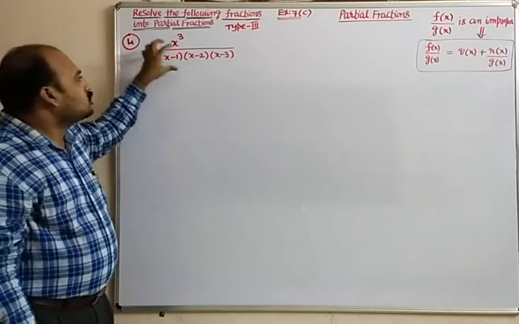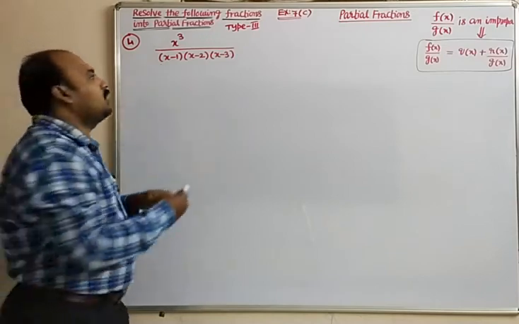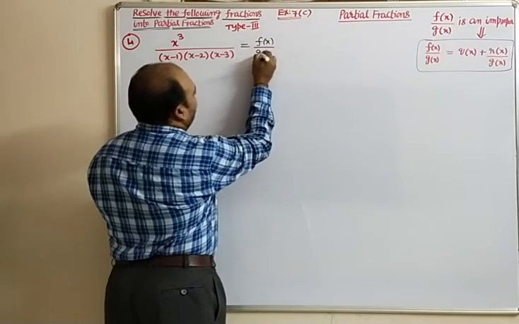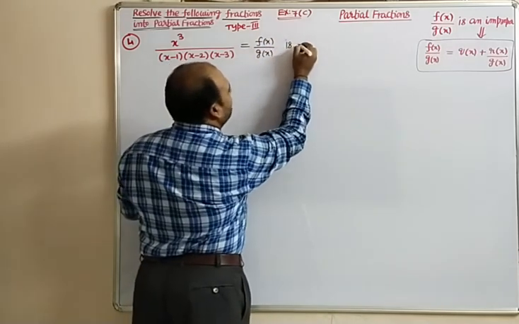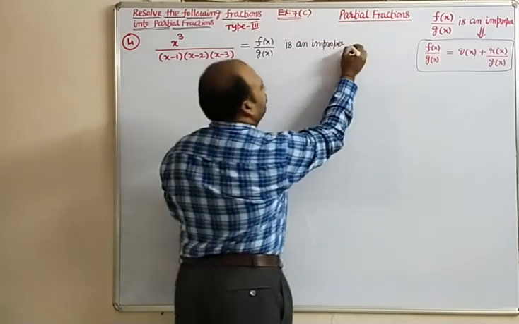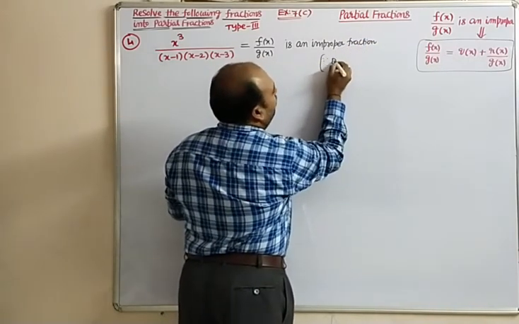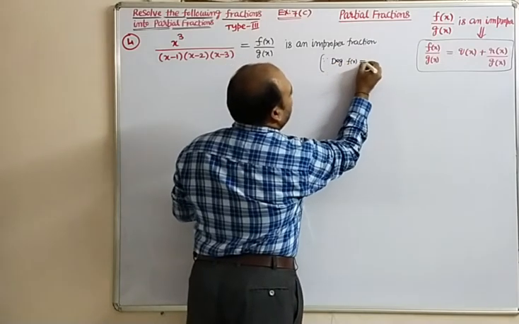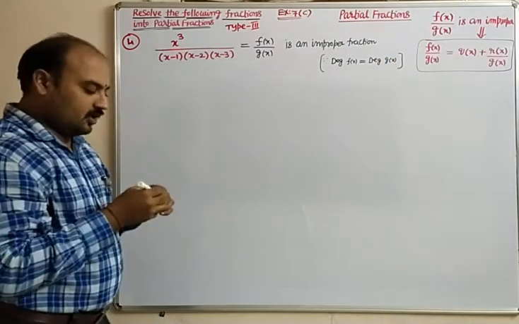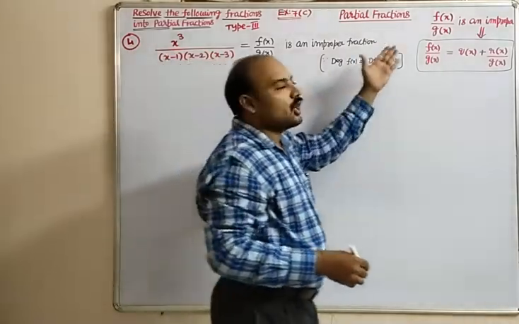So both the degrees of numerator and denominator are equal, so f of x divided by g of x is an improper fraction, since degree of f of x is equal to degree of g of x. Whenever it is an improper fraction, we write it as a proper fraction by using the division algorithm.